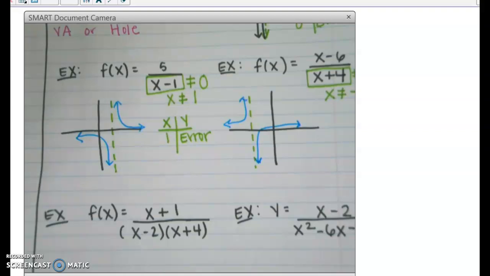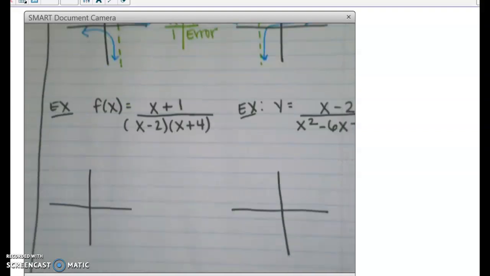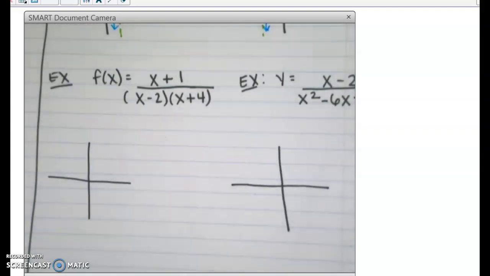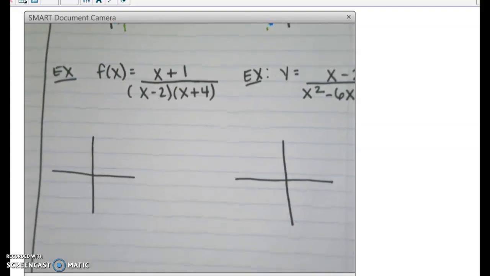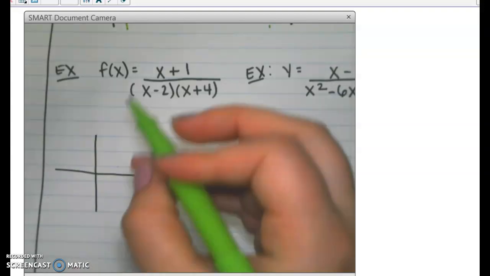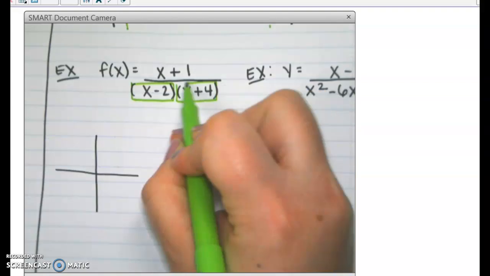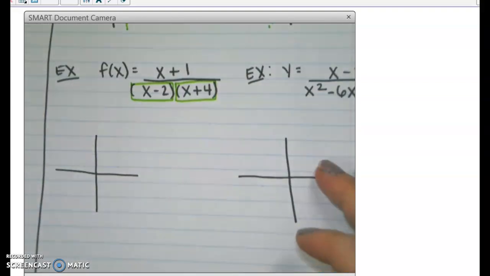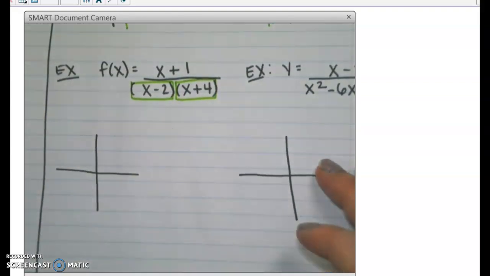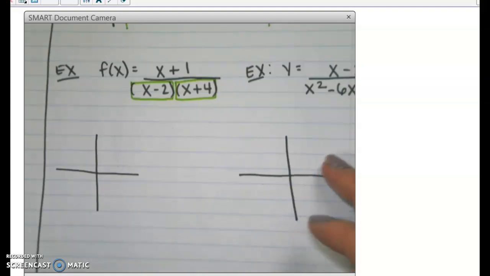All right. So what's a little bit different about the third one? This one has 2 factors in the denominator, which means there will be 2 x values that we're not going to be able to use. There are going to be 2 numbers on the x side of the table that will say error on the y side.